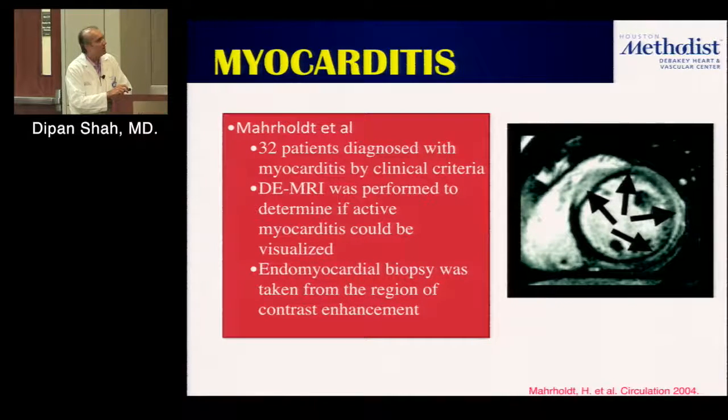Now let's turn to another condition, myocarditis, and I'm going to highlight this publication from over 10 years ago, which looked at a series of 32 patients that presented with clinically suspected myocarditis. They all underwent delayed enhancement MRI, and then what was unique, and the reason why I keep highlighting this study, there's been multiple myocarditis studies since then, but in this study they went and did endomyocardial biopsies in the left ventricle at the site where there was late gadolinium enhancement seen on the CMR scan.